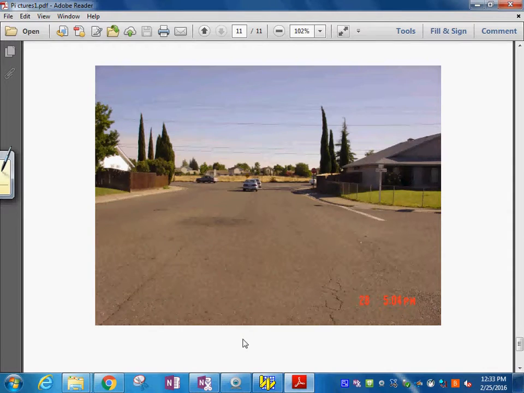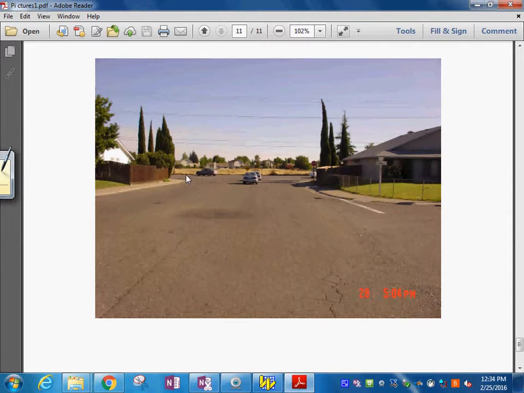The insurance company says, no, that's not what happened. You were going this way and you either didn't look to see where the car was going left, or you didn't stop, which is worse. And therefore you hit this vehicle as it was passing by.